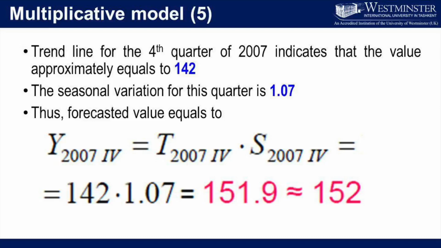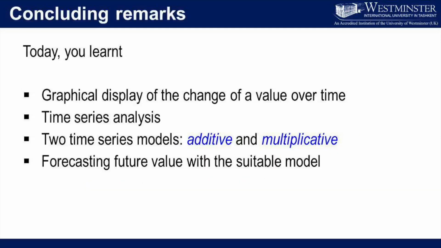Okay, so you got a little bit larger number than the previous one, just because you used a different model. That's it. So 2 models. Today you learned how to show time series graphically, how to analyze time series, and how to use 2 models to forecast the future data using additive or multiplicative model.